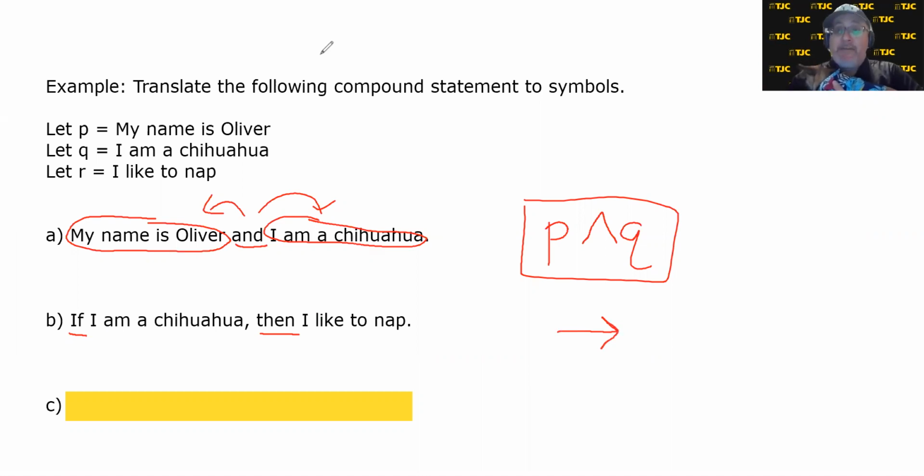Then you have to figure out what goes on either side of it. The thing that goes on the left side of the arrow is the statement that follows the if. The statement that follows the if is I am a Chihuahua, and symbolically that is Q. The object to the right of the arrow is the statement that follows then.